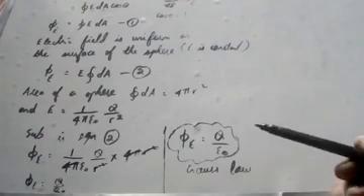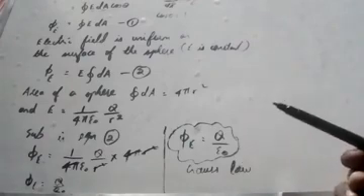Now let us see, if suppose we have a different surface, how to write. Let us take a random surface, that is an arbitrary surface, that means any random surface. Let's see how a random surface looks.